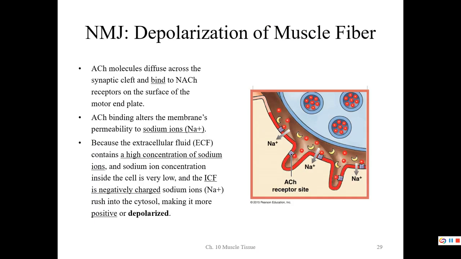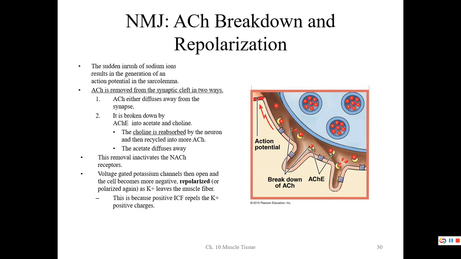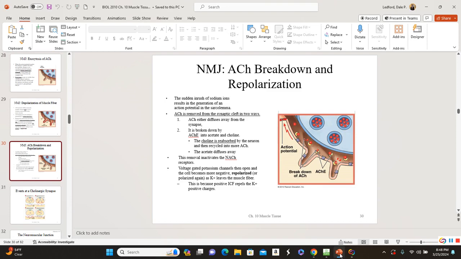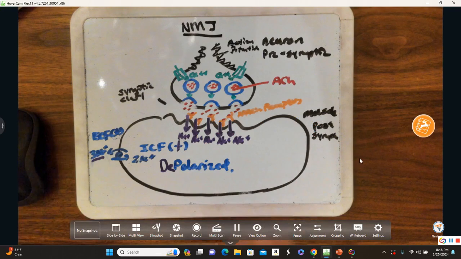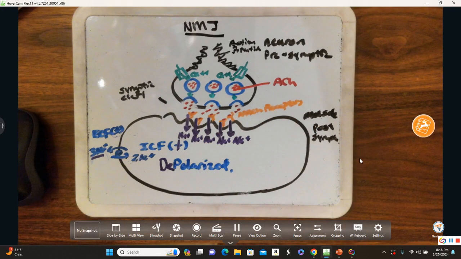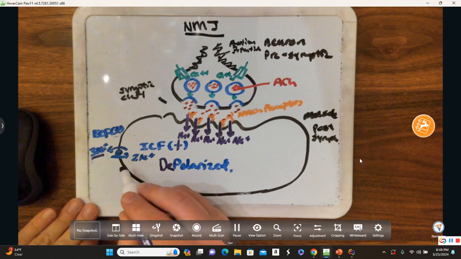Let me show you what's going to happen here. I'm going to go ahead and explain it to you. Preview of coming events is going to make this make more sense if I do it now. When this cell depolarizes, an action potential forms on the muscle cell.